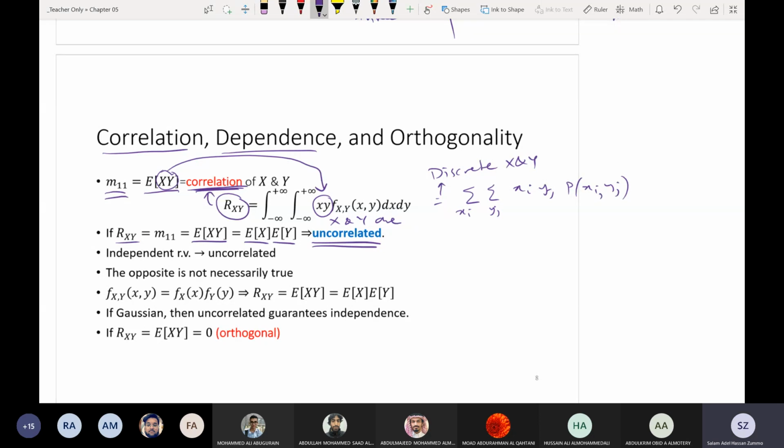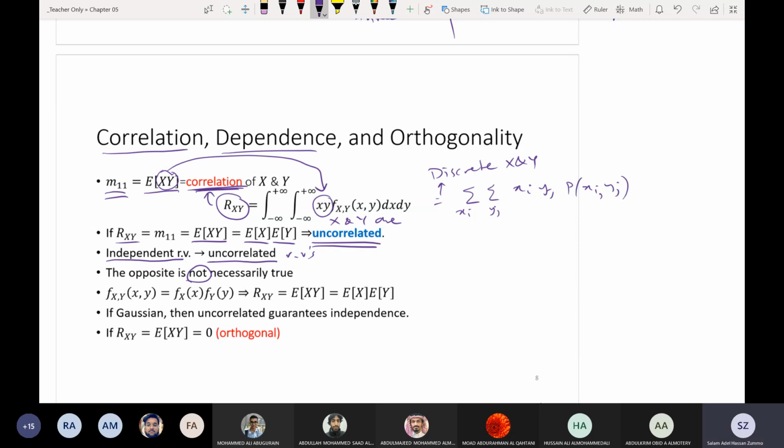Uncorrelated means they have no relation to each other. But it is much weaker than the concept of independence. We'll come to the difference between them in a minute. Now we will prove next time that independent random variables are uncorrelated. However, the opposite is not necessarily true.